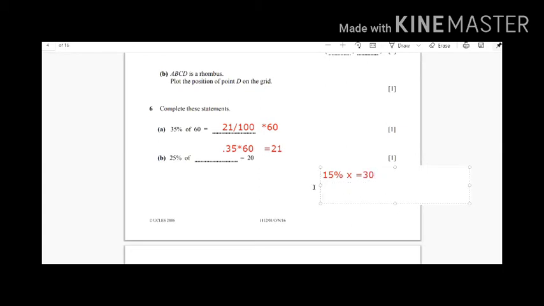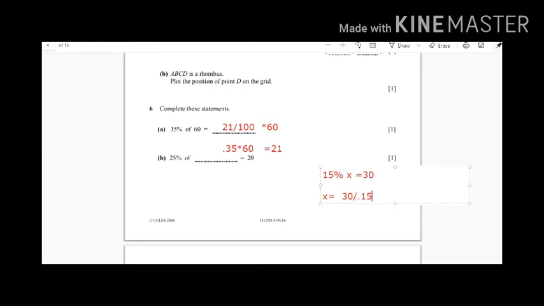If I want to find x, I will do like this: reverse percentage. This is my total amount. So if I take 15% of the total amount, I will get 30. This was the original price. So I will divide by 15%, which means 0.15.